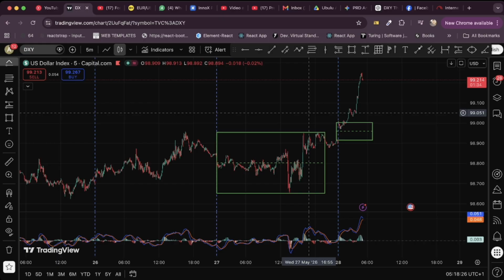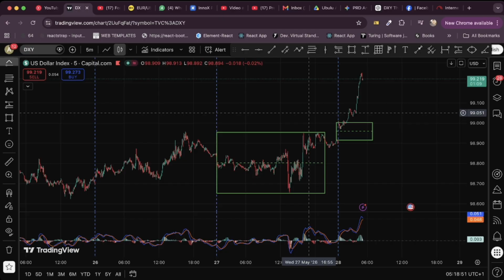Usually the trend in the bigger time frame should be what you look at, then find ways to align yourself properly to those bigger time frame trends by paying attention to what price is doing in the lower time frame. So with this said, this is our bias for today.